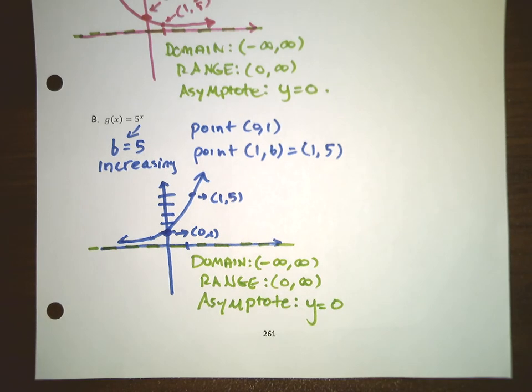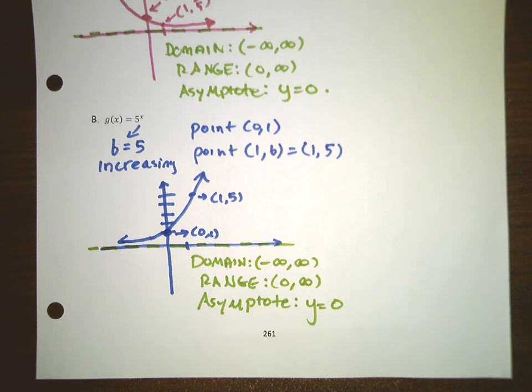So again, if you have any questions, feel free to ask, but we're going to switch over to a few problems where the graph is shifted in different directions here.